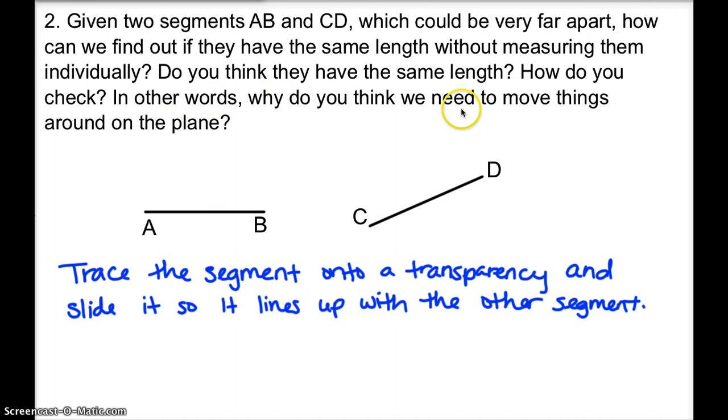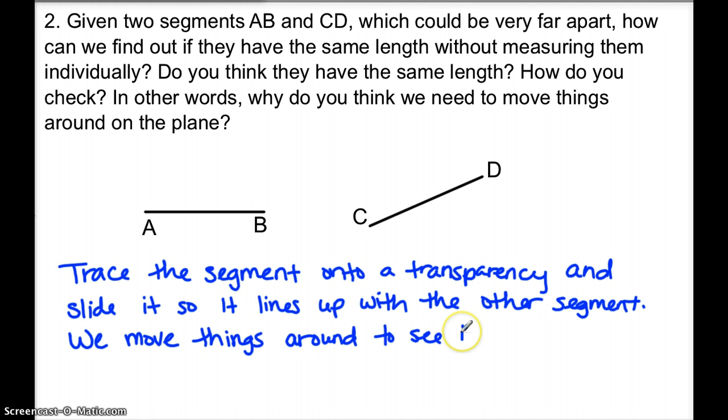Why do you think we need to move things around in a plane? So what we're going to say there is we move things around to see if they are exactly the same.